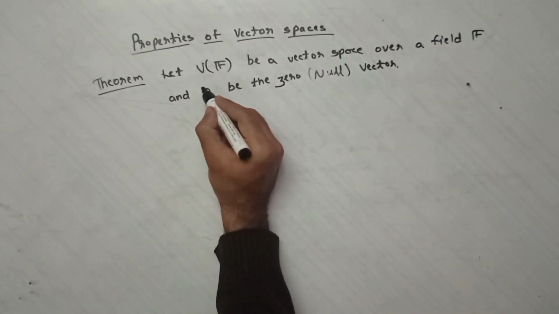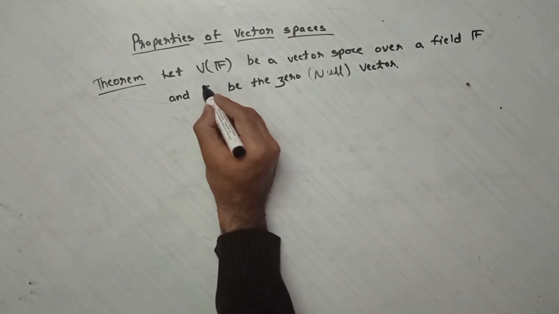We are representing this zero vector with an over bar.